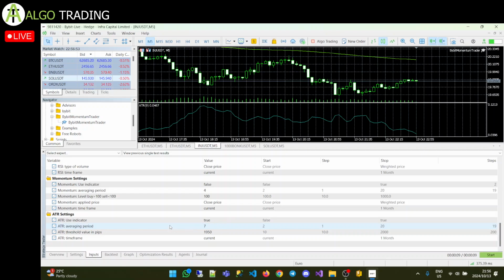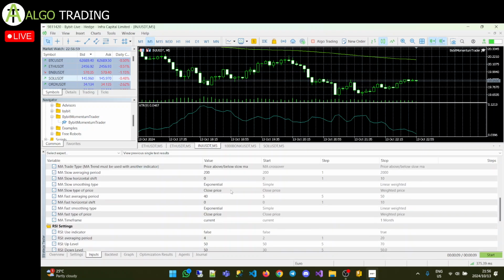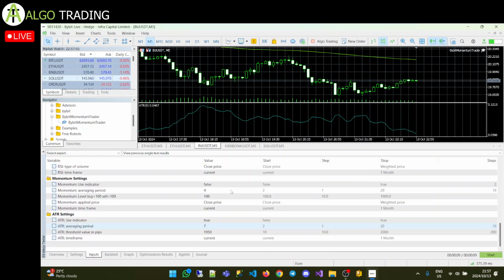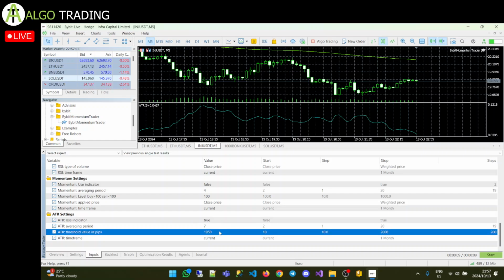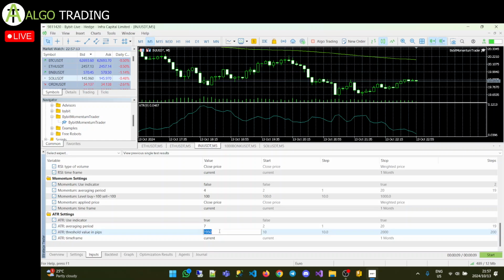Now remember, ATR does not give you a direction. That's what you would use your momentum or your RSI or your moving average for. All that the ATR tells you is, is there a breakout of the range, or is there market strength? And it's measured here in pips. So you see this is the actual value.